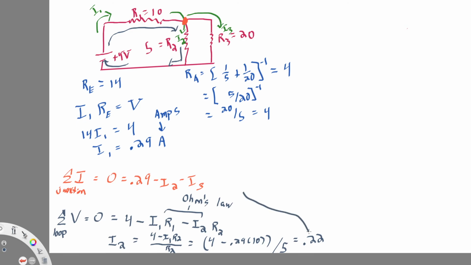So then we can take this, come back to our previous equation, and find then that I3 has got to be equal to 0.07. Right? Because if we've got 0.29 amps of current going into the junction, and we've got 0.22 leaving the junction over R2, that only leaves 0.07 amps of current to go over R3.